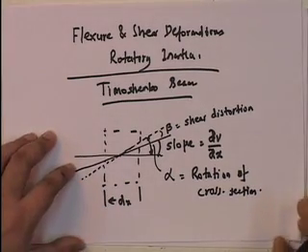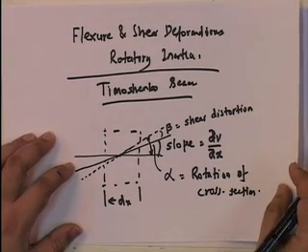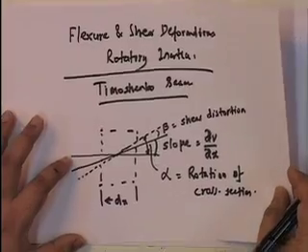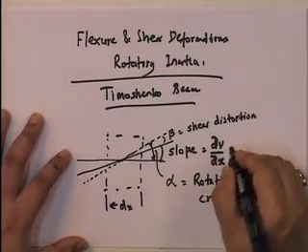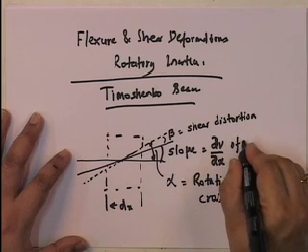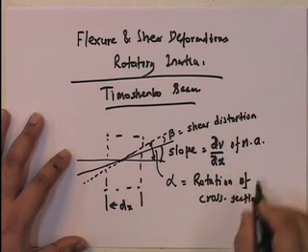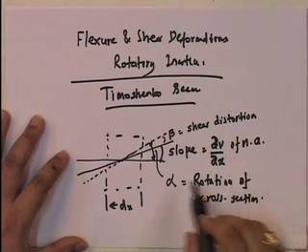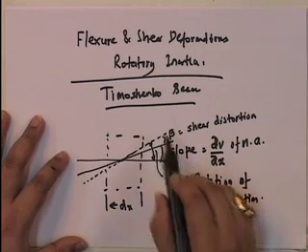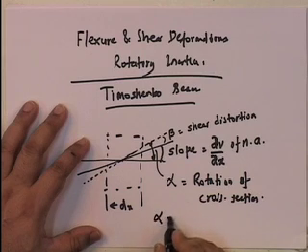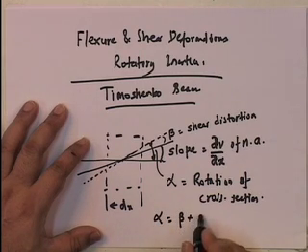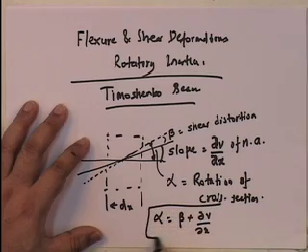So, in this particular case, this is the slope of the neutral axis, this is beta, and the rotation alpha is equal to beta plus del v by del x.